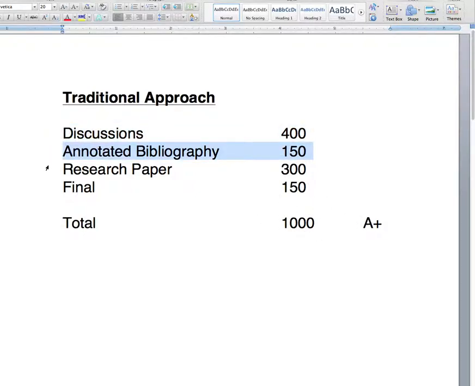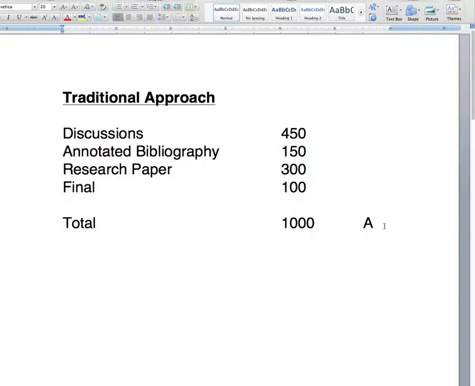Now, that's only if you got a perfect score on these things. So let's say you maybe didn't do so well on the final and you only got 100 points out of 150 points. That would drop you to a 950, which would be an A. And what you could do there, you could do an extra 50 points in the discussion, which would bring you back up to the A plus.